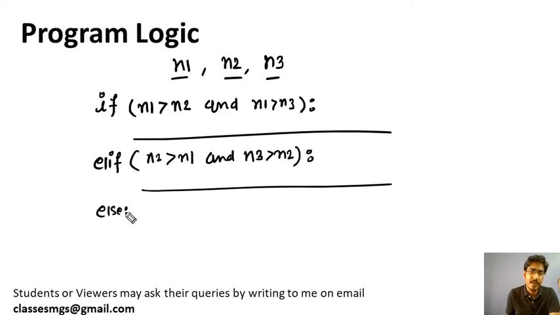Otherwise, if this condition is false, that means n1 is not the greatest number. Now we will come here and check whether n2 might be the greatest number.